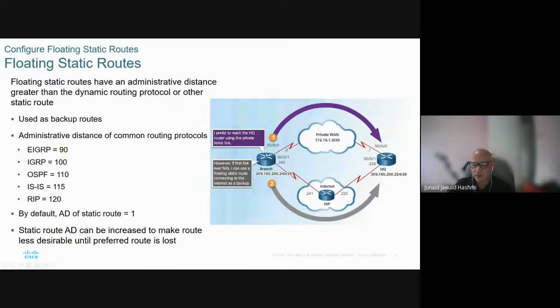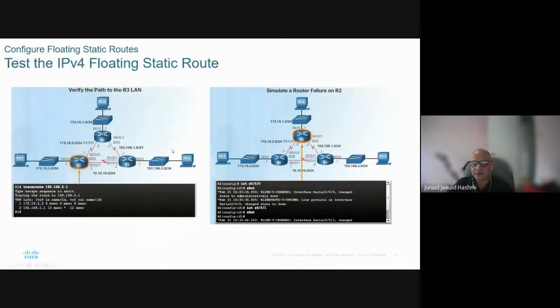Floating static route. I already explained a floating static route is a backup route, and it is used in case a link goes down. So we have one more class in the school, and you can also do it on Packet Tracer. Remember, any lab that you can do with real devices, you can also do with Packet Tracer.